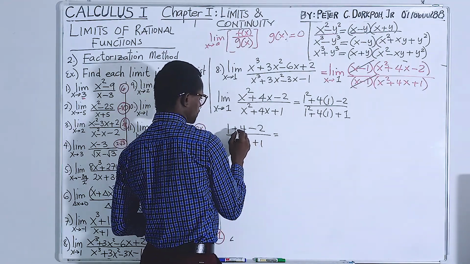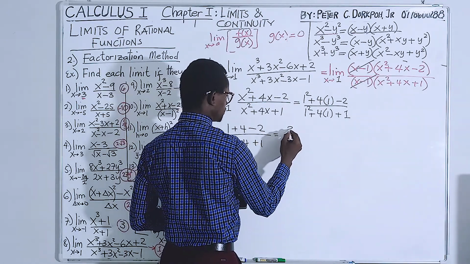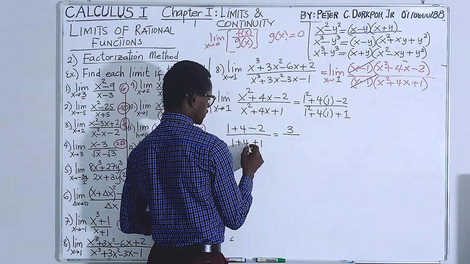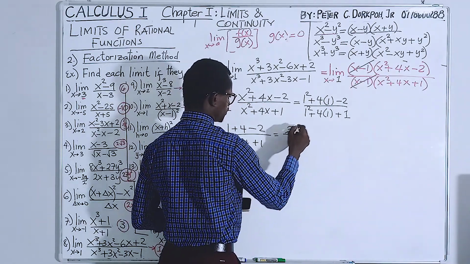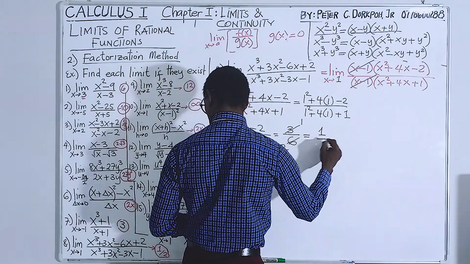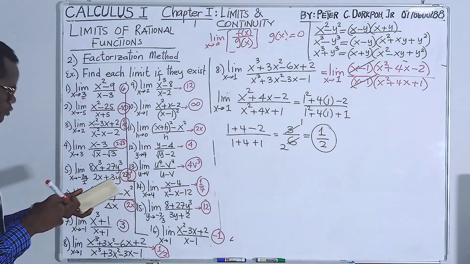So 1 plus 4 now is 5, 5 minus 2 is 3, and then 1 plus 4 is 5 plus 1 is 6. 3 into 3 is 1 times, 3 into 6, 2 times. So we just have 1 over 2. So 1 over 2 is our answer, right?